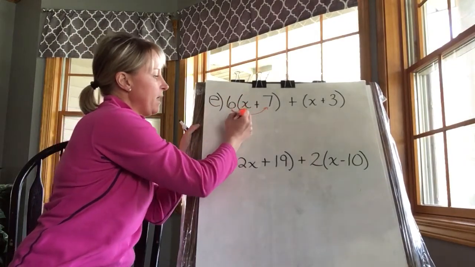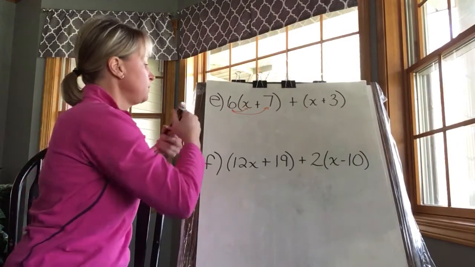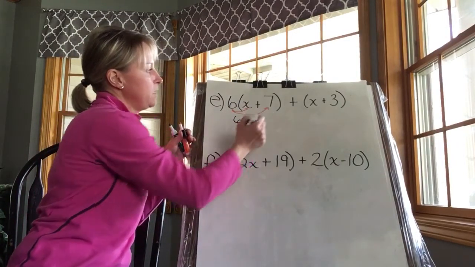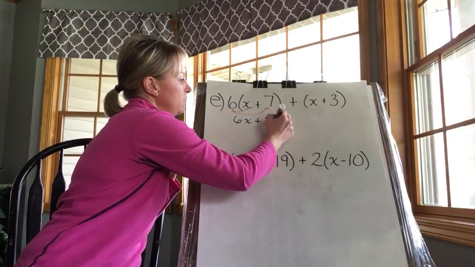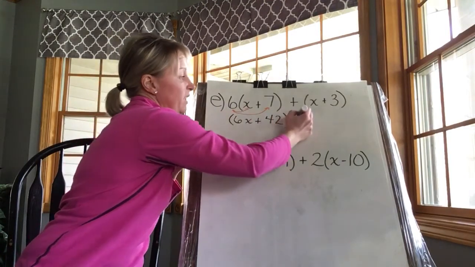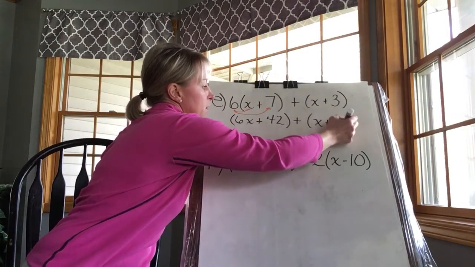So 6 times x is 6x plus 6 times 7 is 42. Okay, so that I can have in my parentheses, or I can leave it without, plus x plus 3.